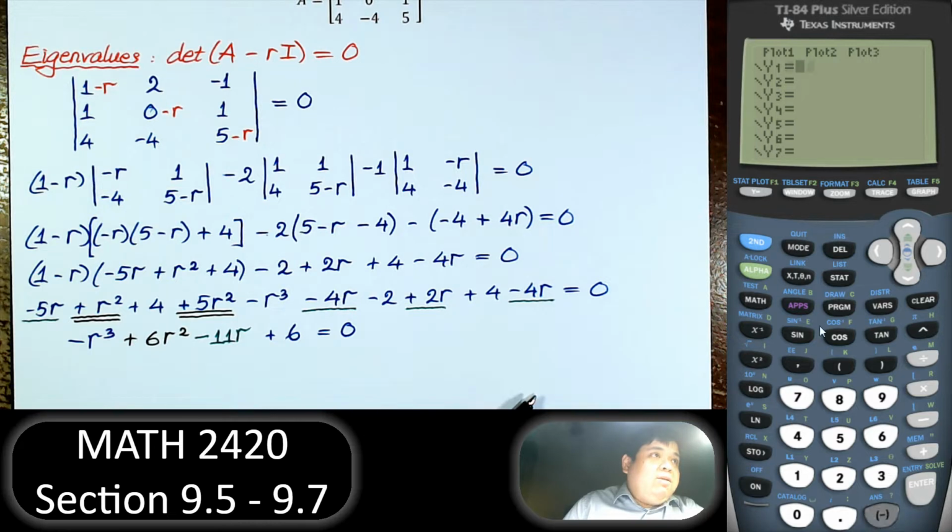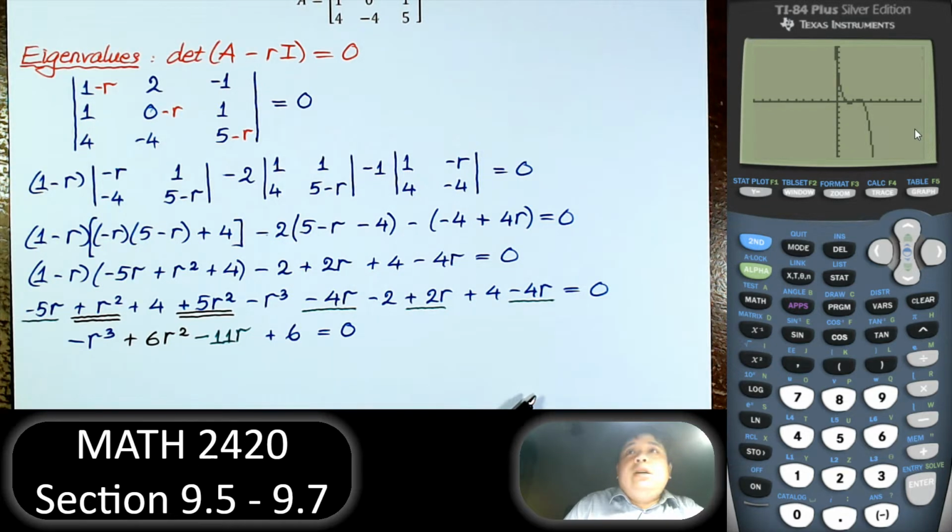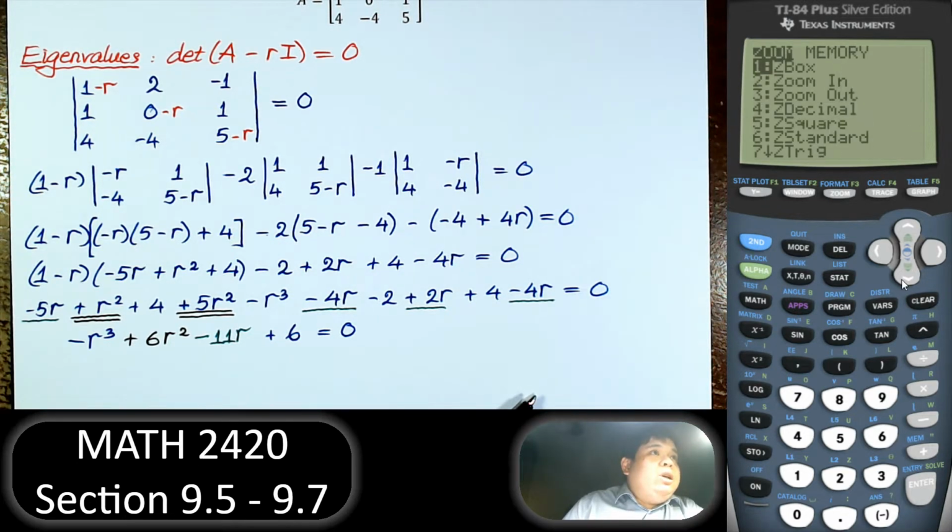Right, negative x cubed. I'm just going to graph it and see if there is any intersection with the x-axis, and that would be the 0. Looks nice. Let's zoom in.